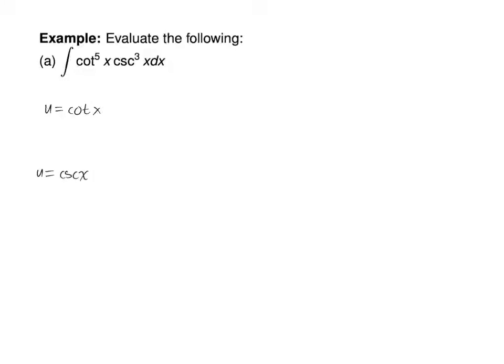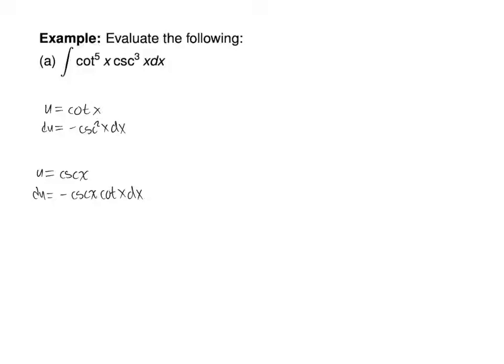And which one do you choose? If u is cotangent, what's the derivative of cotangent? Negative cosecant squared x. If your u is cosecant, what's the derivative of that? Secant x tan x, or rather cosecant x cotangent x. Good job.